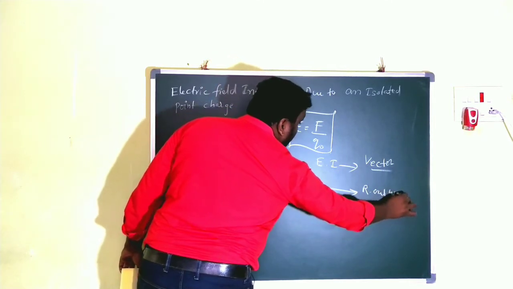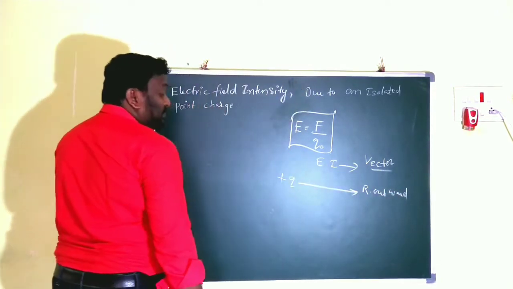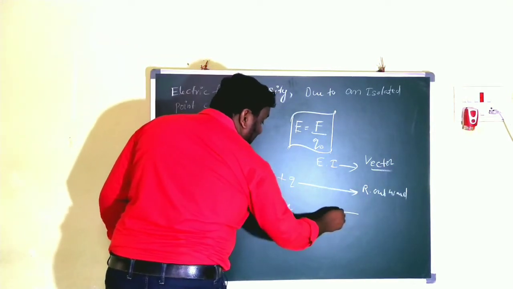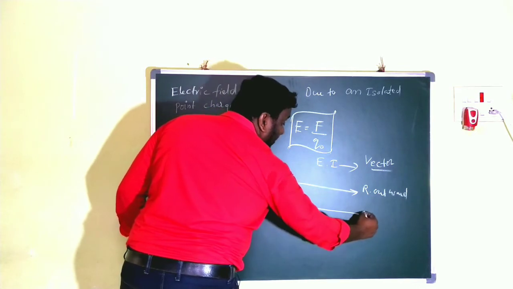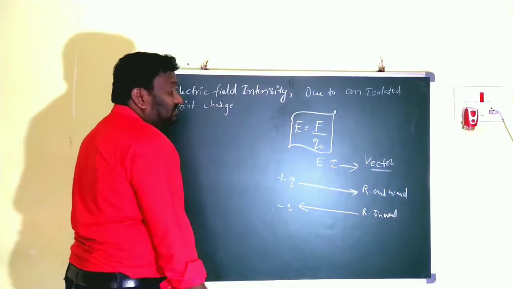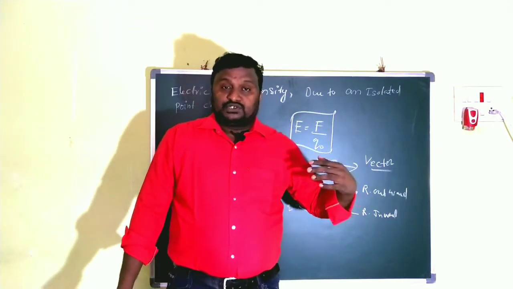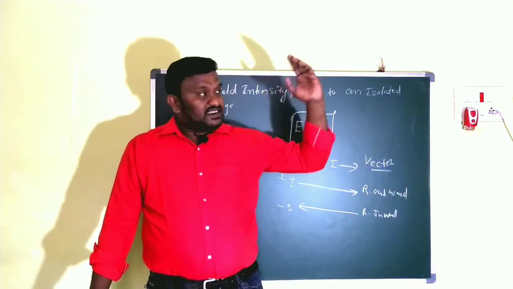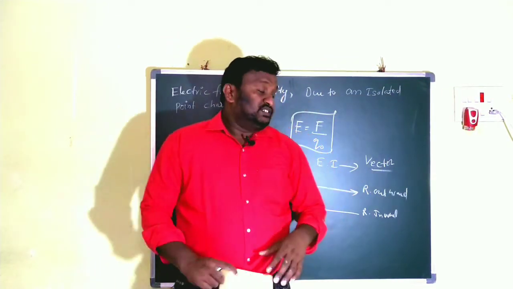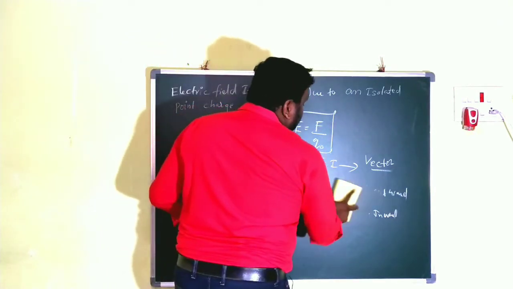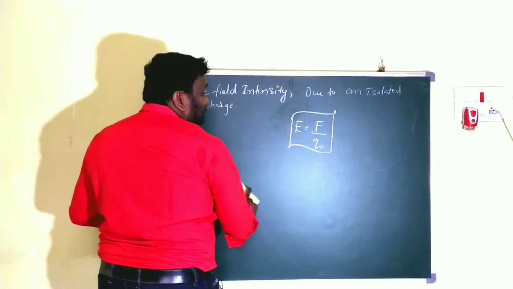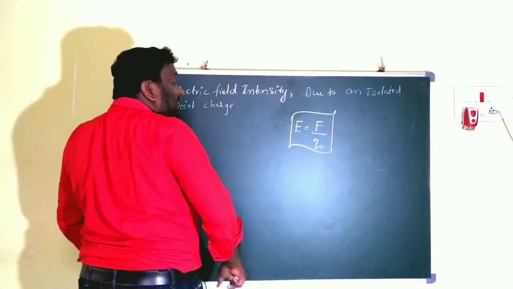For a minus Q charge, the electric field intensity is radially inward. Don't forget this, it is important. For a positive charge, the electric field intensity is radially outward, and for a negative charge, radially inwards.